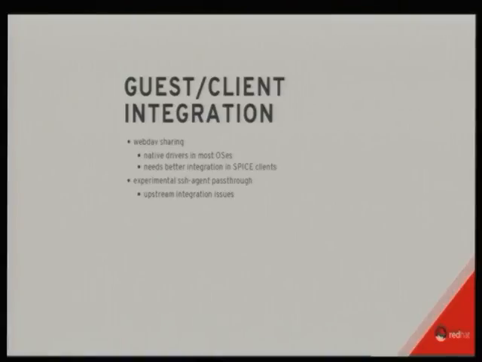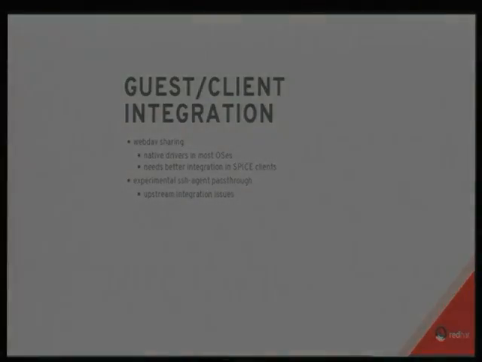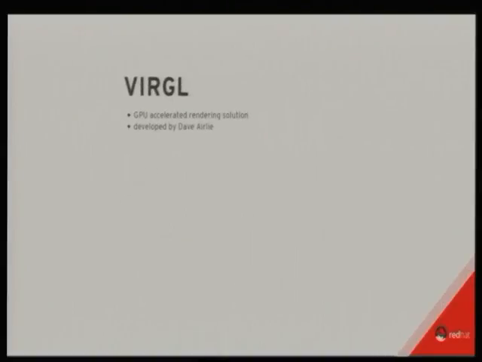He wanted a fallback mechanism between the small agent he needs running on the guest for the Spice communication, and the agent which was already running before on the guest, which can be, for example, GNOME Keyring. Getting this integrated upstream is a bit complicated, so it's not clear if he is going to be able to provide that or not. And now I'm giving the microphone to Marc-André, who is going to talk to us about Virgil.